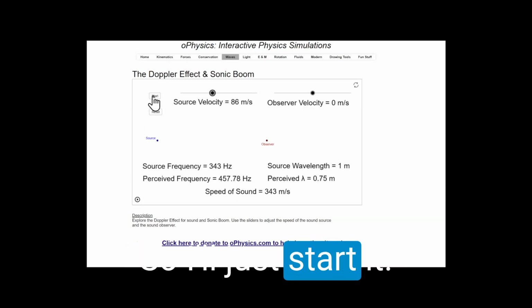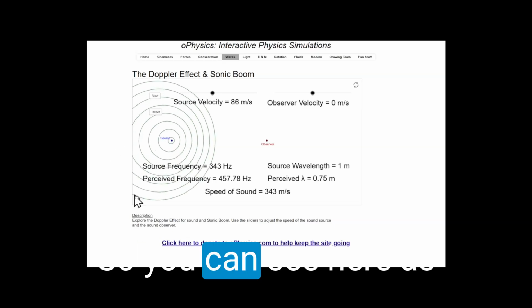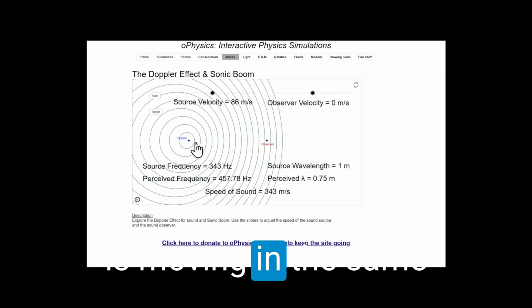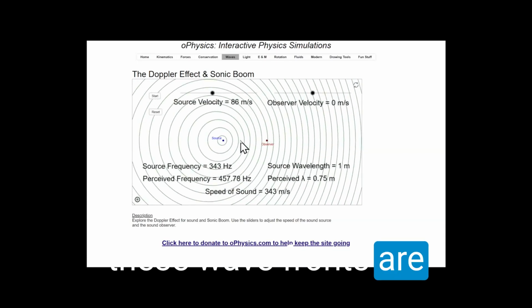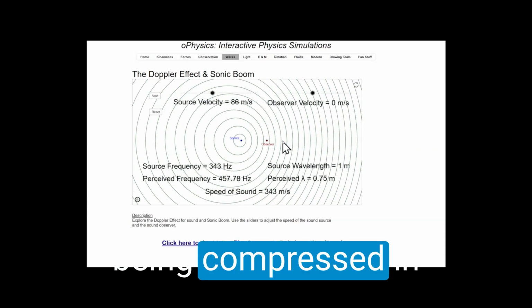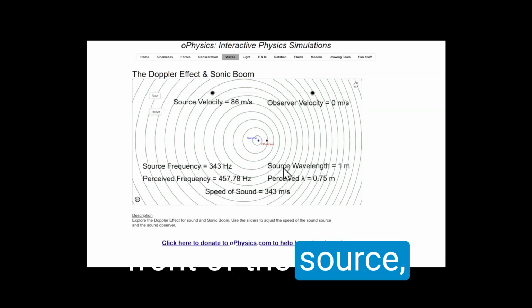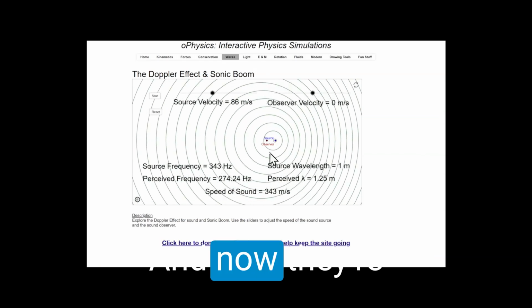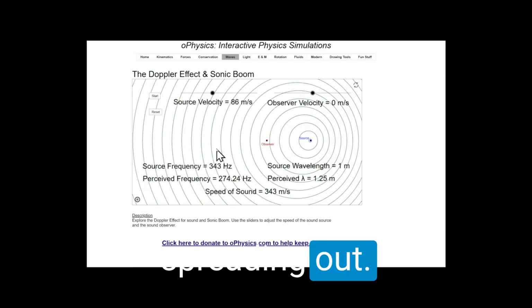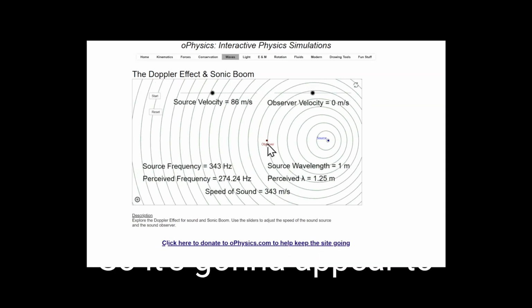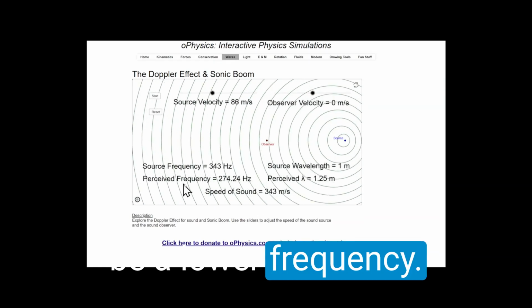So I'll just start it. So you can see here, as it's moving in the same direction as these waves, these wave fronts are being compressed in front of the source, and then they'll cross, and now they're moving further away. So they're now spreading out, so it's going to appear to be a lower frequency.